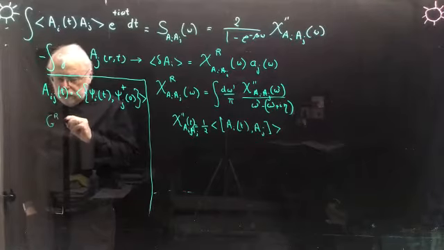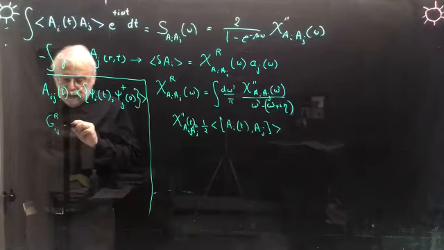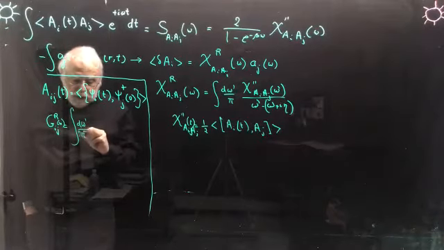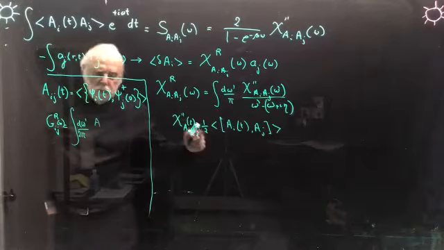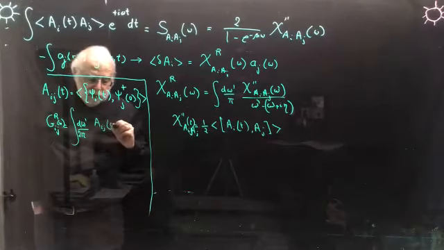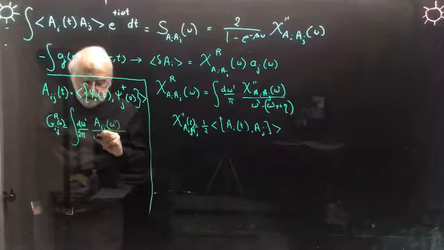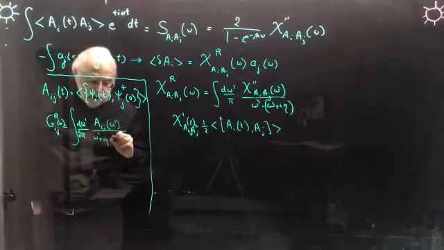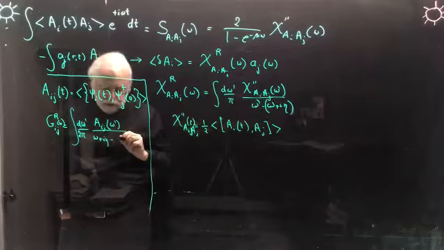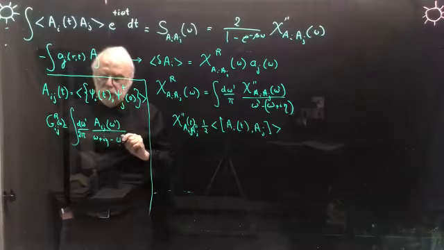So G^R_ij of omega is just equal to the integral d omega prime over 2 pi in this case, because here we have the 2 pi, here we don't, of A_ij of omega prime, divided by omega minus omega prime plus i eta, and the sign is switched here for omega prime. Okay.